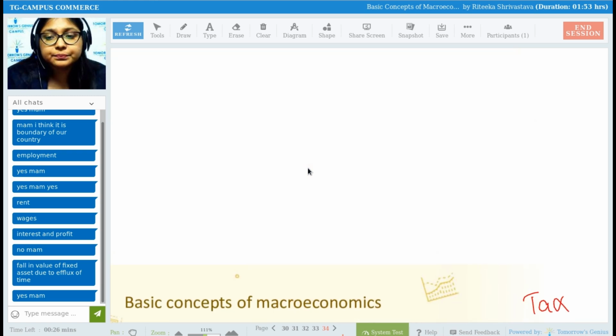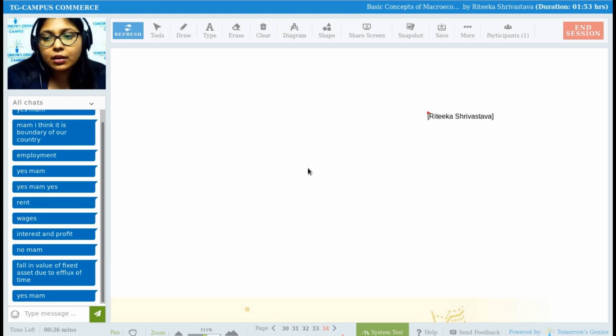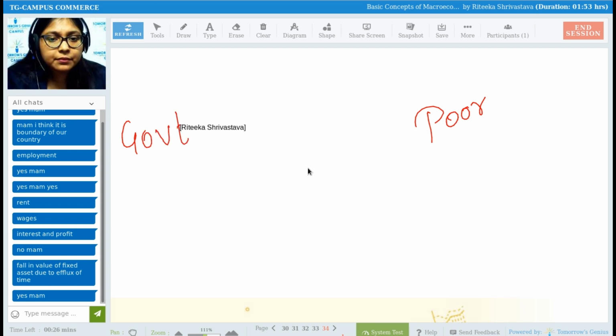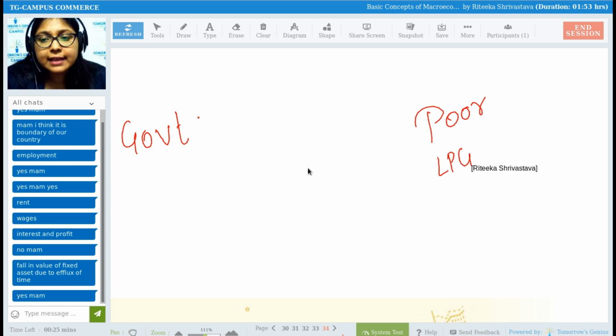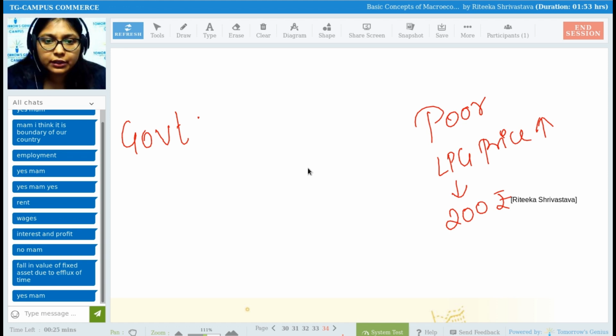For example, suppose for poor people, LPG gas cylinder prices are very high. They cannot afford it. Say suppose the price of the LPG gas cylinder is 200 rupees, they cannot afford it. So what will the government say?